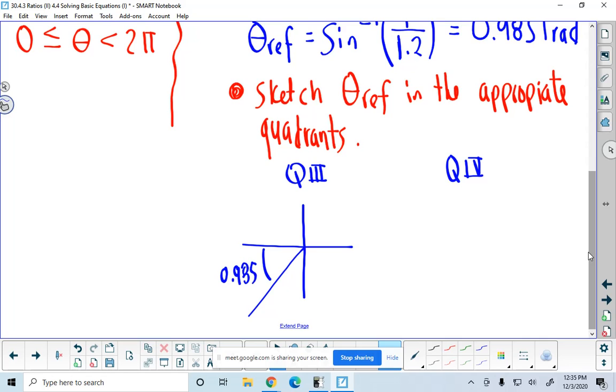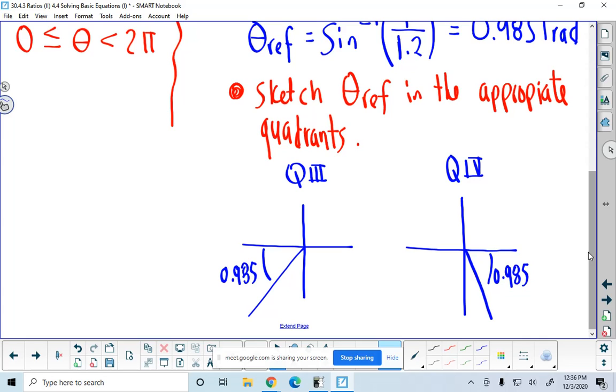And in quadrant 4, we have a reference angle of 0.985. Now, I don't really have any good idea of what 0.985 radians looks like. Well, I do, but as a student, you might not. It doesn't matter if you know what 0.985 radians looks like. What matters is that you draw it in the appropriate quadrant.